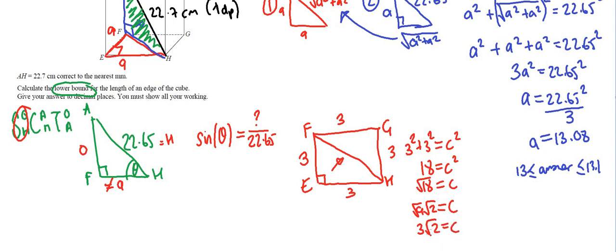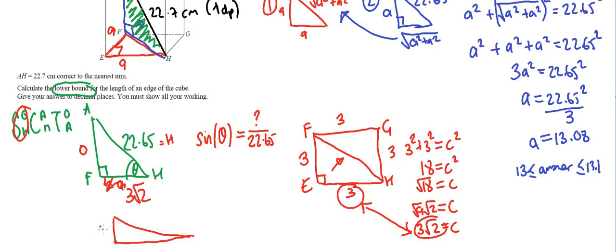Now that is not the same as that. These two are not the same. So when I put this triangle on this base, which is 3 square root 2, my triangle is like that. My base is longer than my side.